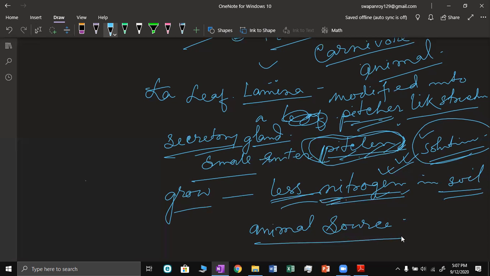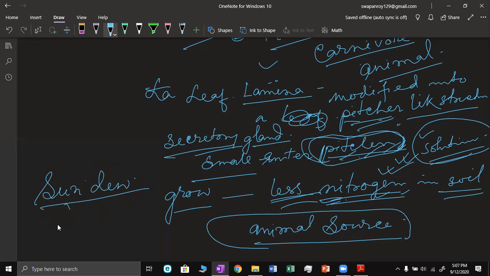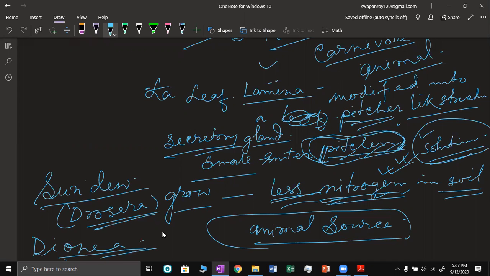This type of carnivorous plants, there are many. I think sundew is there. You have heard the name. The plant is known as sundew or Drosera. There is also Dionaea. These are all carnivorous plants. There is one aquatic carnivorous plant.